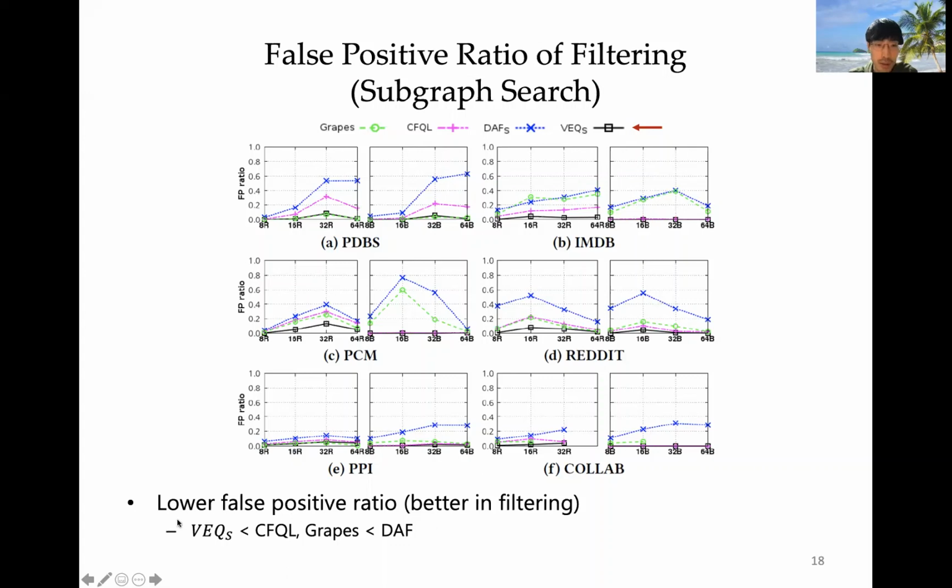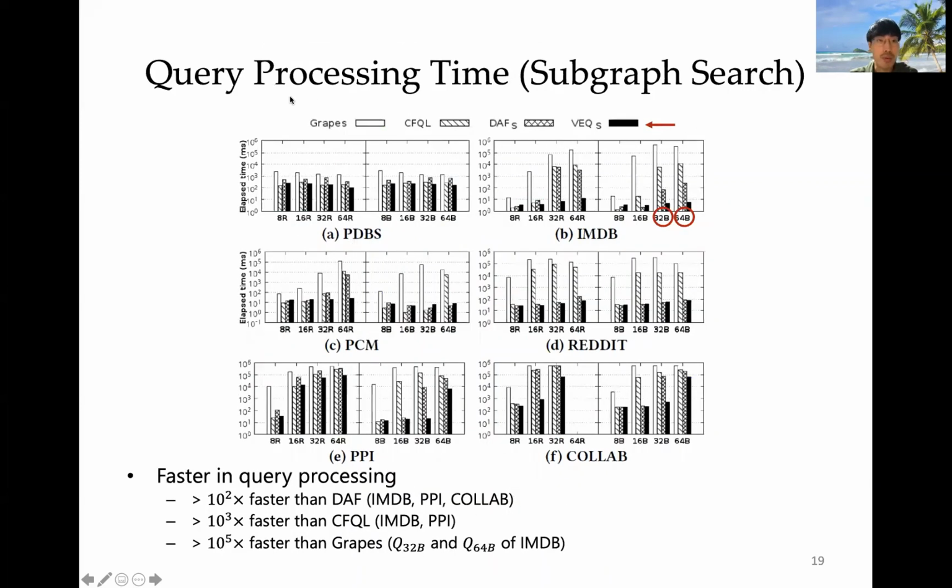As shown in these figures, BACK shows a lower false positive ratio than others, which means better filtering. And for core processing time of subgraph search, BACK is depicted as black boxes here, and as shown in these figures, BACK is faster in core processing, more than 100 times faster than the state-of-the-art method in IMDb, PPI, and Colab.